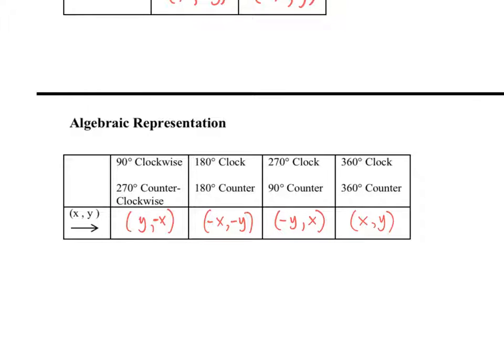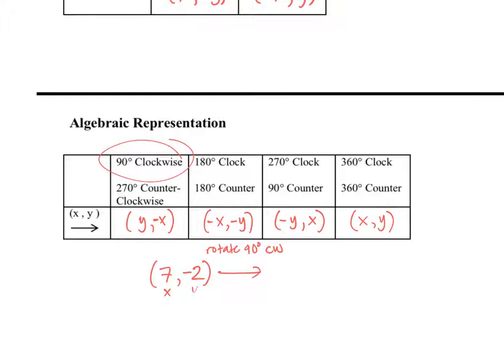Okay. So if I have something like 7 comma negative 2, this is just an example, and let's say I want to rotate 90 degrees clockwise. Just put CW, clockwise. So that's this one right here, 90 degrees clockwise, which is y comma negative x.